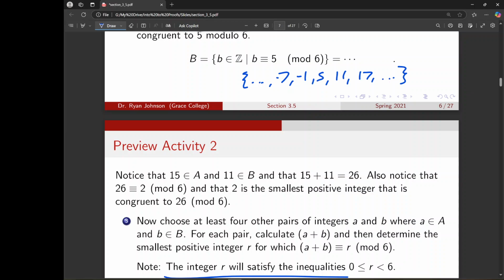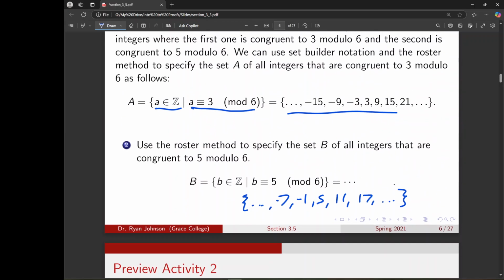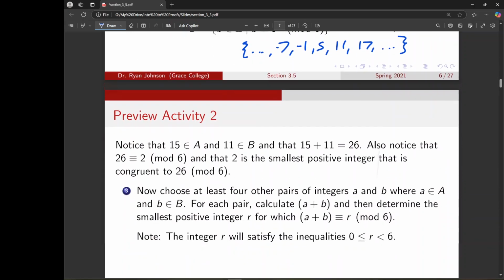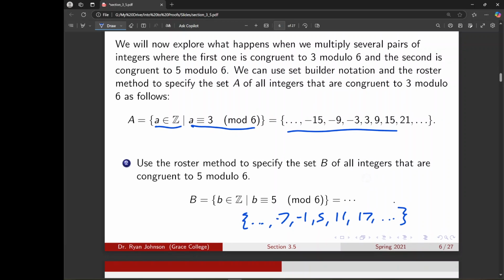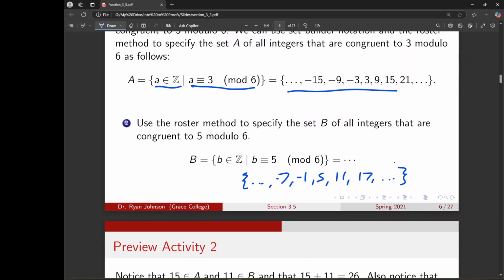Okay. So let's pick some things from A. They already picked positive 15. 4 more guys. Let's do -9, -3, 3, 9.